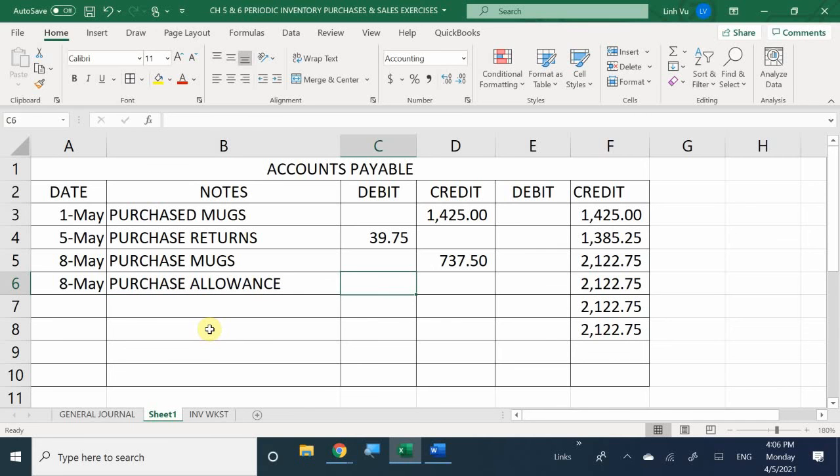Because I decreased my account by $20.63, now that I've put it into my debit column, it's going to take my previous amount of $2122.75, add 0, but subtract $20.63, giving me an account balance of $2102.12. You see that? So then I don't have to always keep going back and calculating it back and forth.